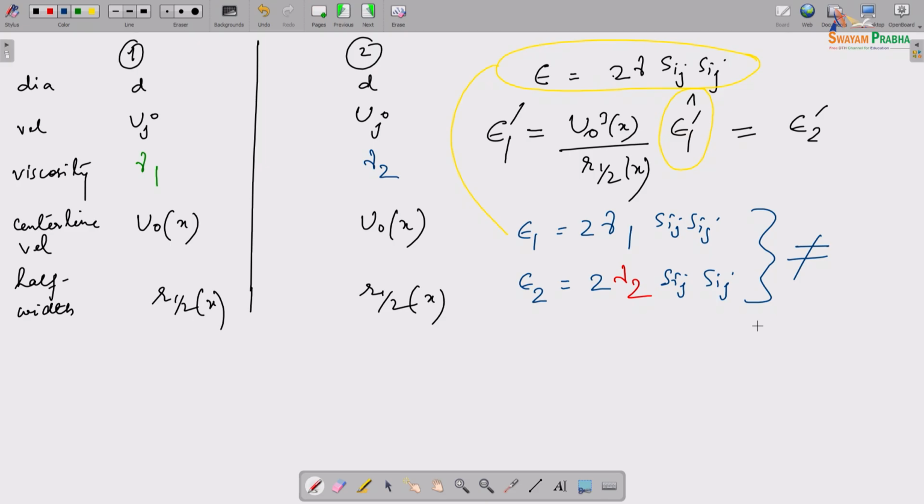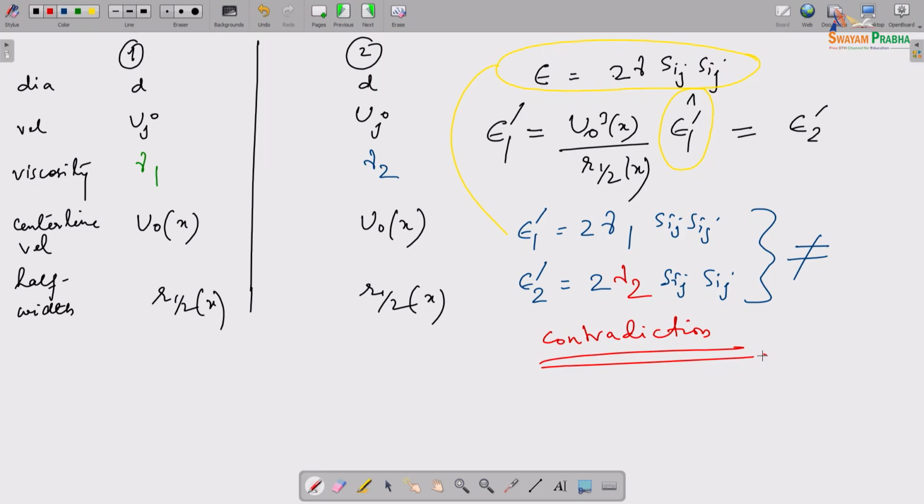Then there seems to be a contradiction. If I use this, they're the same, fine. But if I use this expression by the definition, then they are not. So this is a contradiction which arises. How do we explain that?